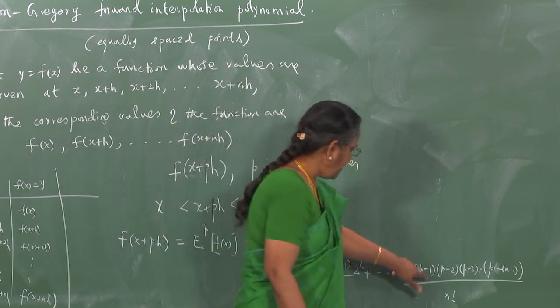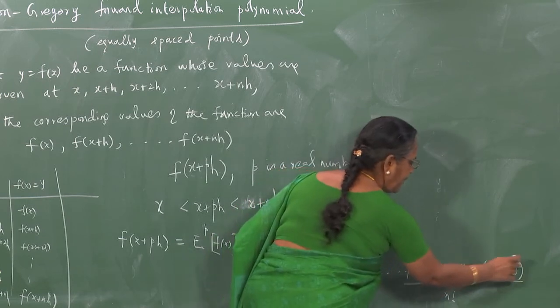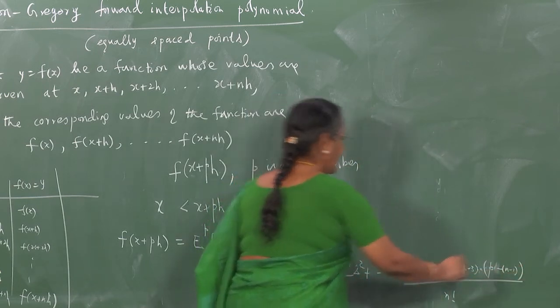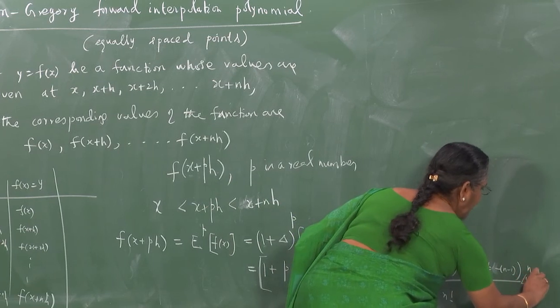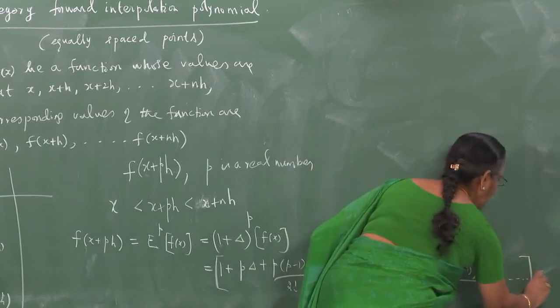When I have p, p minus 1, p minus 2, p minus 3 etc., p minus n minus 1, then it is del to the power of n plus etc., operating on f of x.